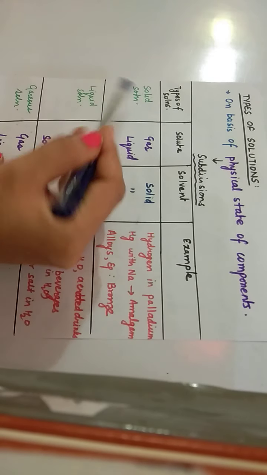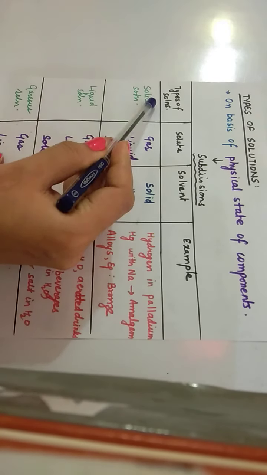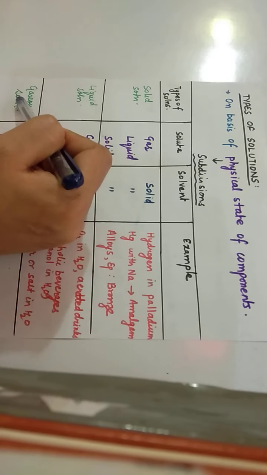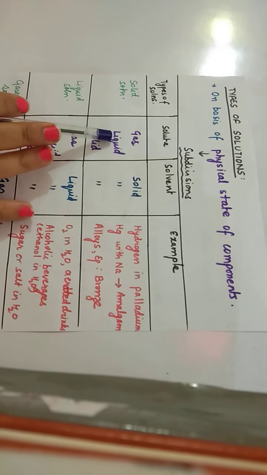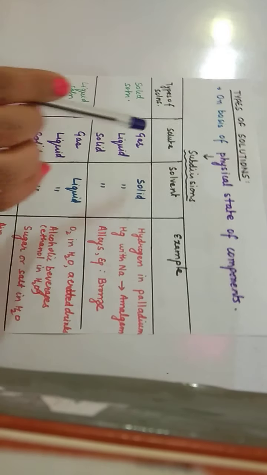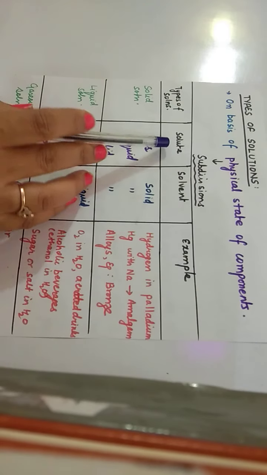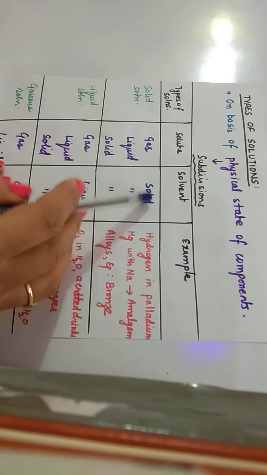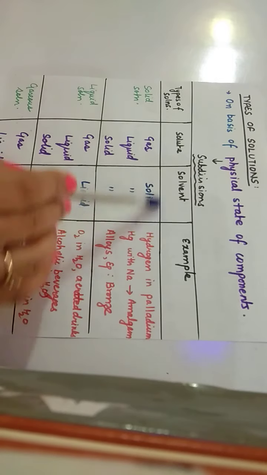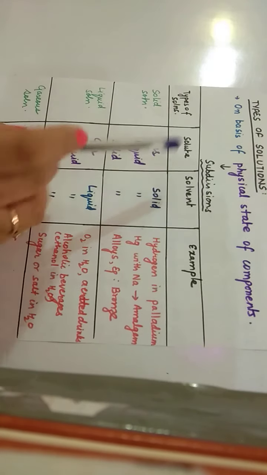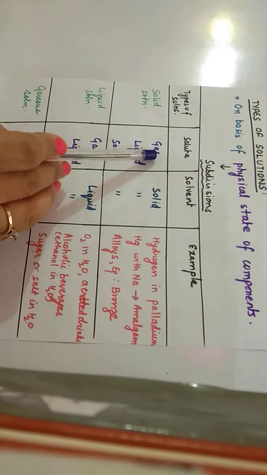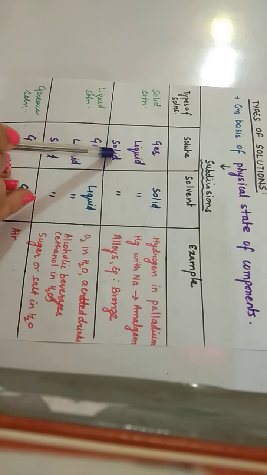Now, to these 3 types of solutions, we make further subdivisions. That is, we can take different solutes and the same solvent. For solid solution, the solvent will be solid, but the solute can be gas, liquid or solid.